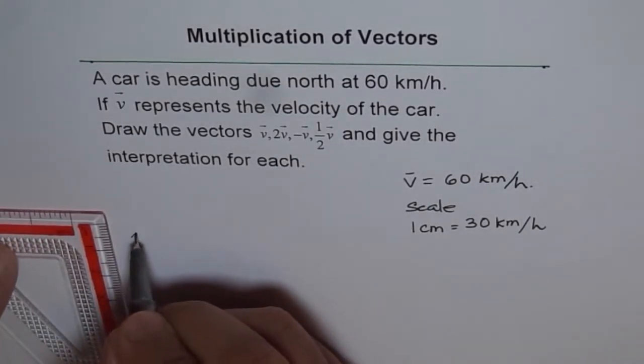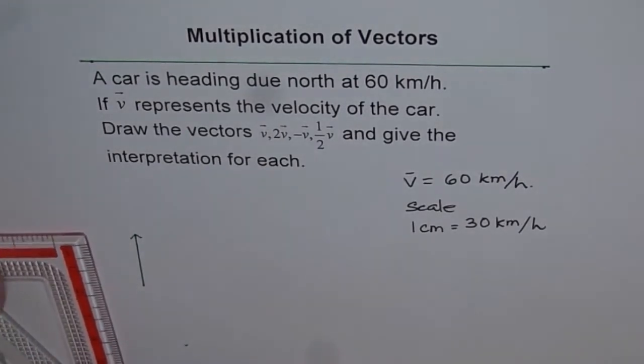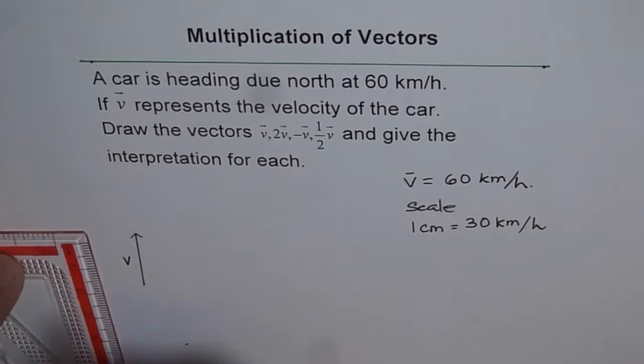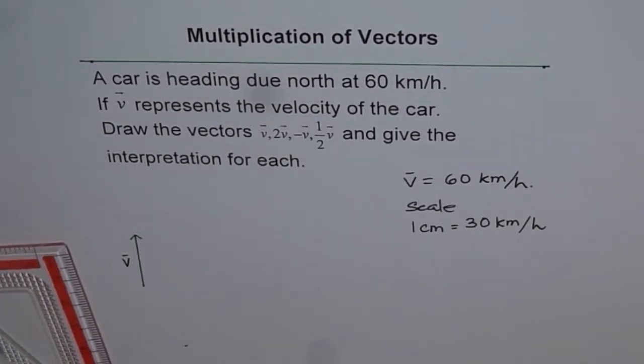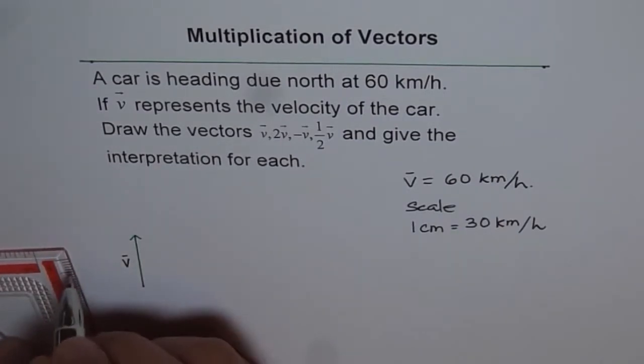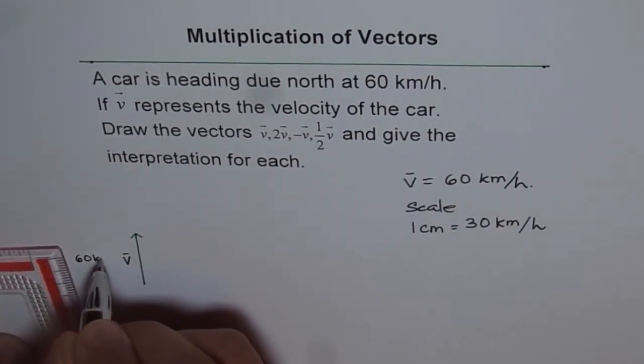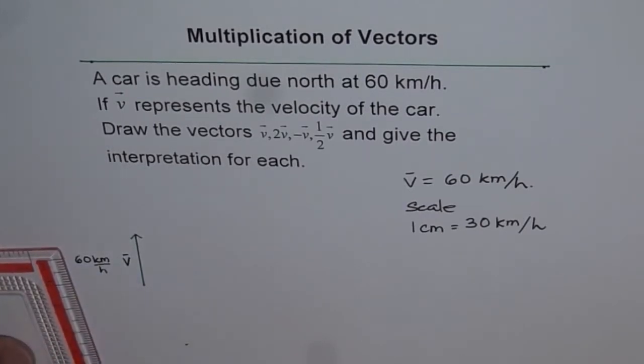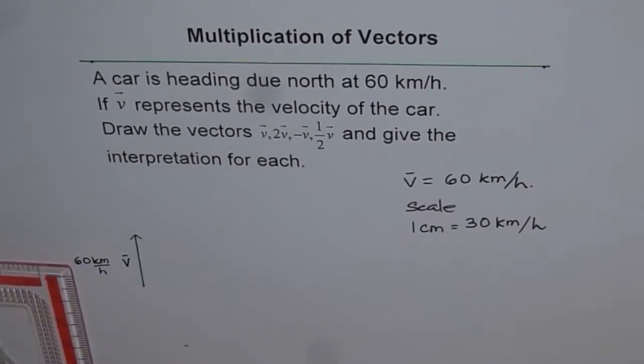So that becomes a vector, and this vector is v for us, right? And that represents 60 kilometers an hour. So that is v. What is going to be 2v?